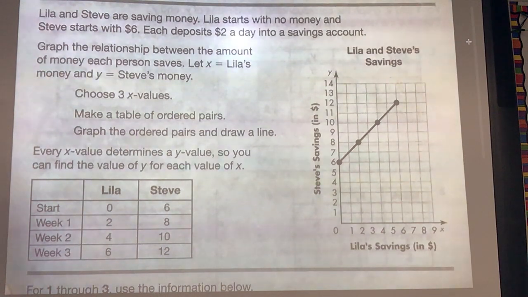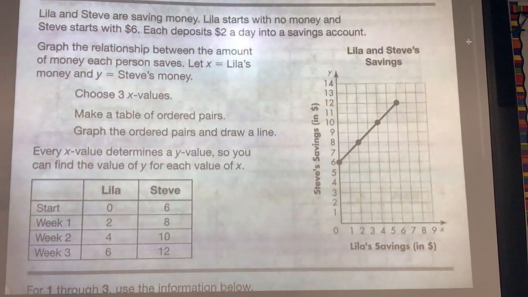Saving money is good, so then you can buy maybe something bigger. Lila starts with no money. She has 0 right now. And Steve already has $6 that he has saved previously. Each of them deposit $2 a day into a savings account. Deposit means to put in, okay? So they're putting in $2 into their savings account, each of them.